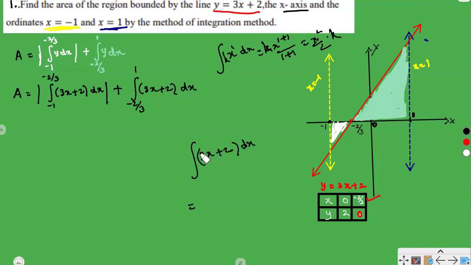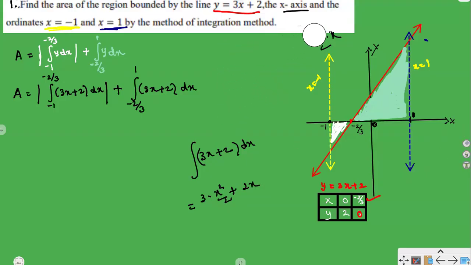So here, the integral of 3x is 3 into the integral of x, which I told you is x square by 2, plus, what is the integral of a constant? If you have only a constant, the integral is k into x. Here I have 2, so the integral of 2 is 2 into x. Remember this.